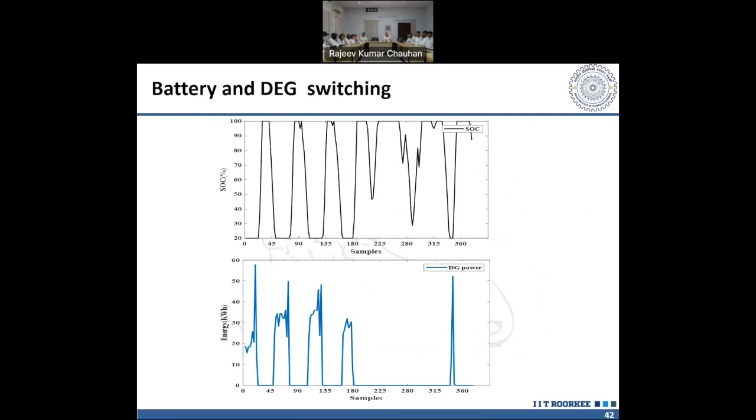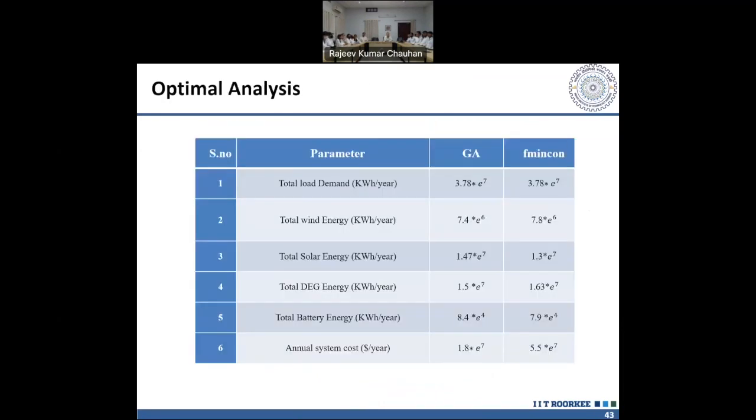If the battery is discharged below a particular limit, say 20, then your diesel generator will be on. And for the diesel generator, more penalty will be given. So our objective is to avoid the diesel generator, but whenever it is required, we have to turn it on. That basically gives the total size of all the units required in this particular case.